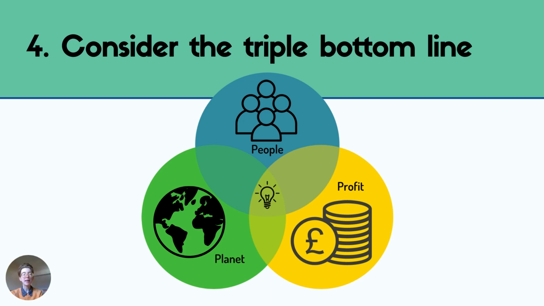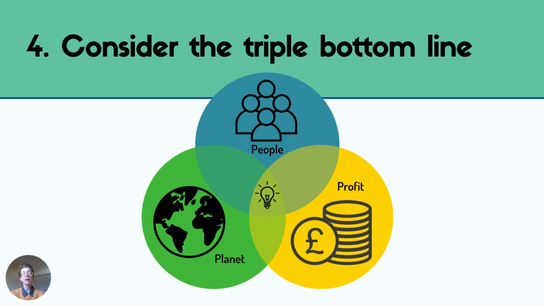Similarly, looking after the planet can have the same effect. Some things may be more expensive, but you can find other ways where you may be able to use fewer resources, which might save you money, as well as meaning you have to think more creatively, which could improve your innovations and, as a result, your profits.